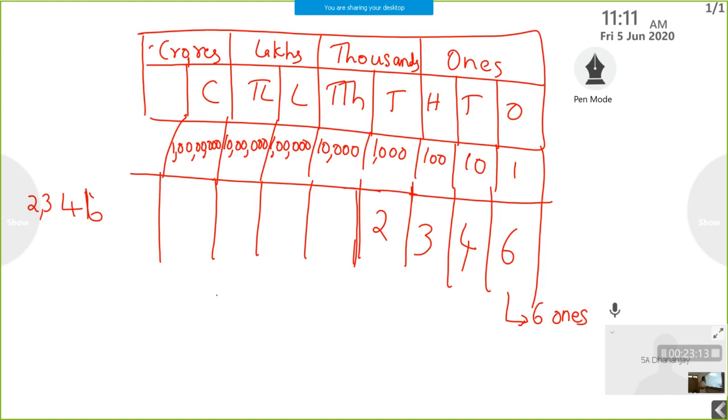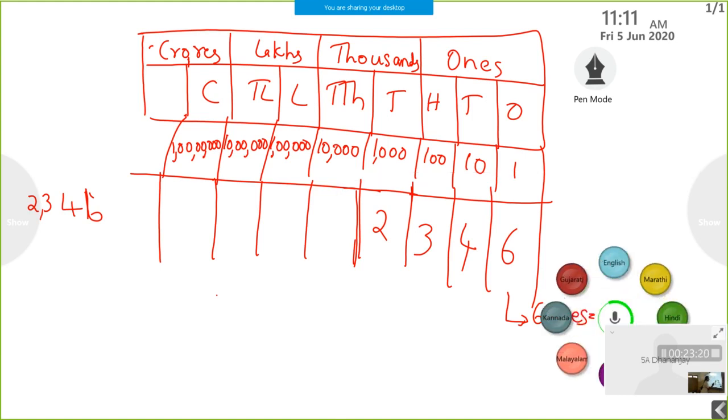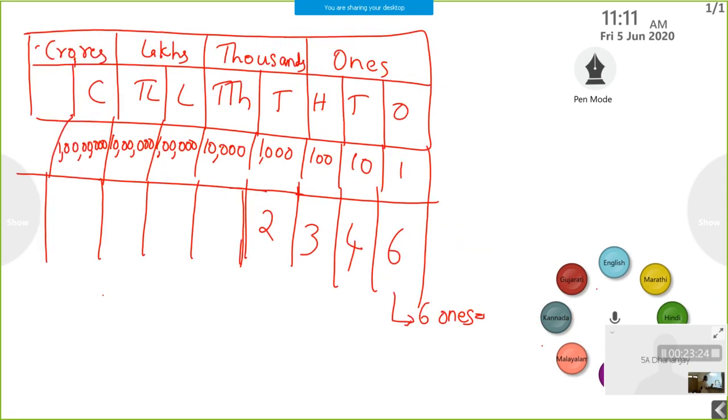It can also be written as 6 into 1, which is 6.